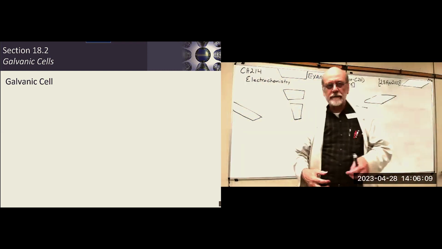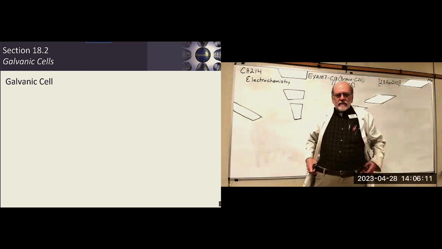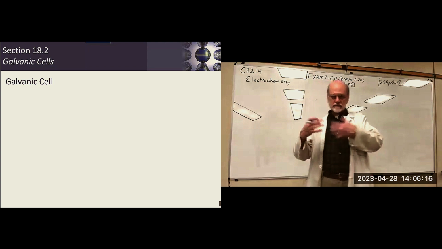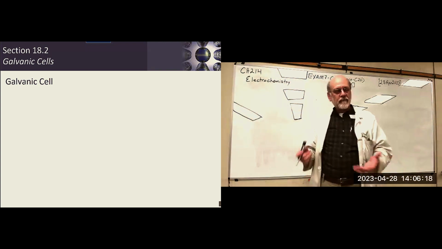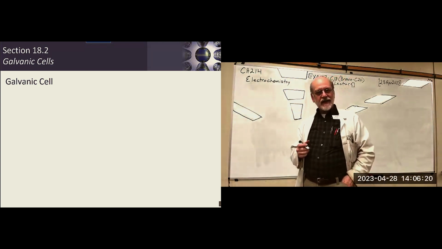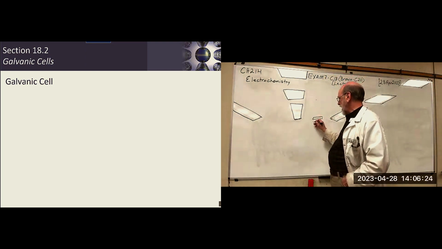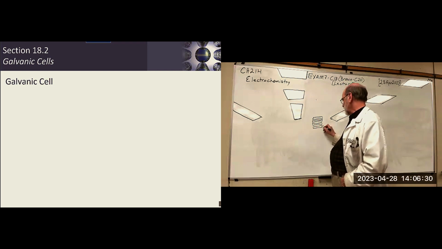This was named after an Italian who produced the first battery. He just stacked zinc and copper like that, just stacked them up, pure zinc and pure copper.